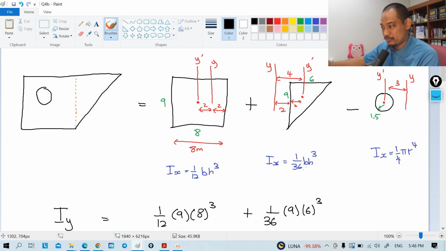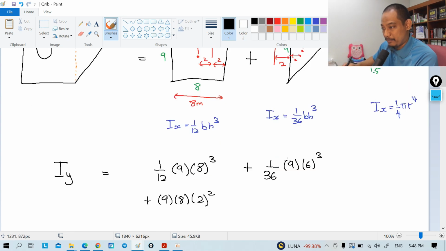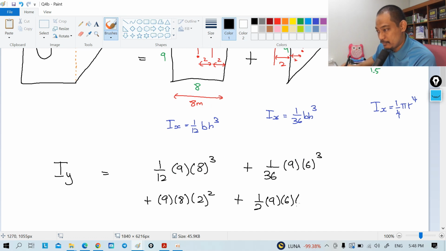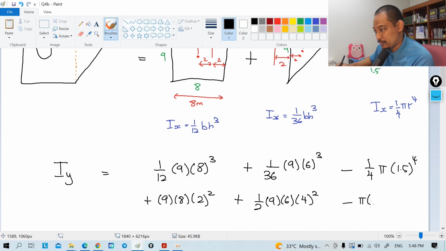From 1/36 BH cube there, then plus the area is half times 9 times 6, and then dx is 4, so we have 4 square, and then minus the whole thing, so minus 1/4 pi r, r is 1.5, so 1.5 to the power of 4, and then minus pi r square, so 1.5 square times dx square, dx is 3, so 3 square.